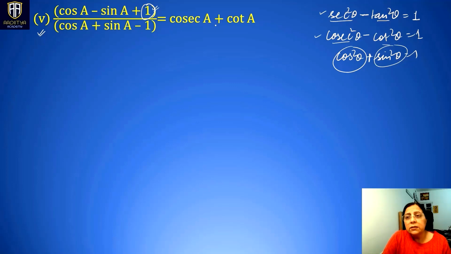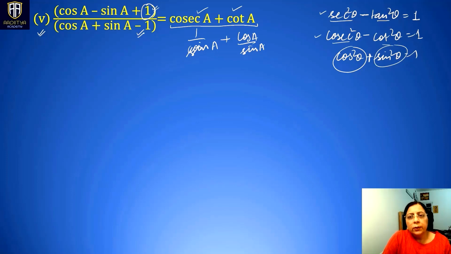Now that is decided by the values in the right hand side. What you have to check? What is the common denominator for both the terms in the RHS? This can be written as 1 upon sine A, and cot A can be written as cos A upon sine A. So in any kind of question, you have to open the right hand side first.